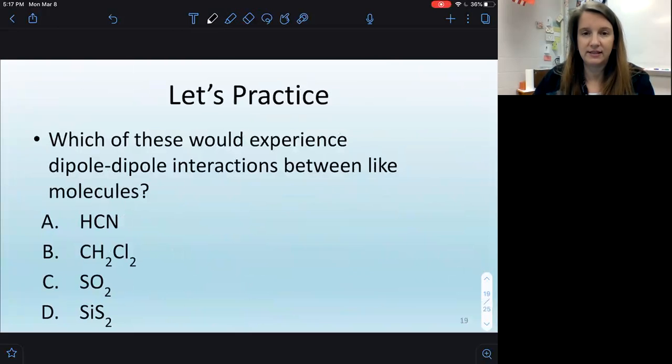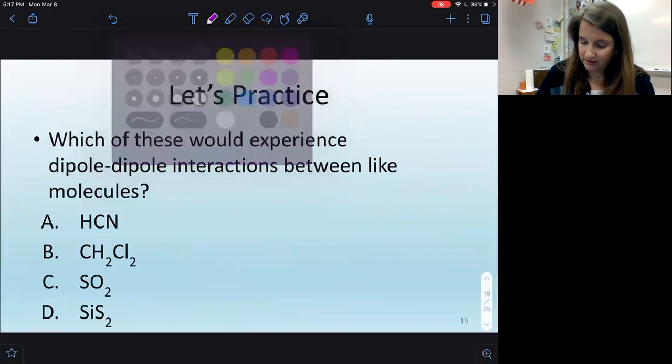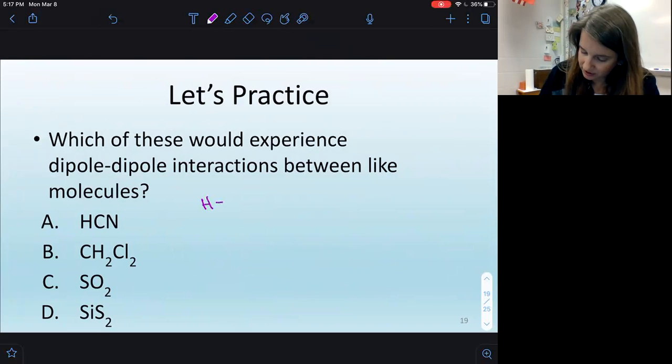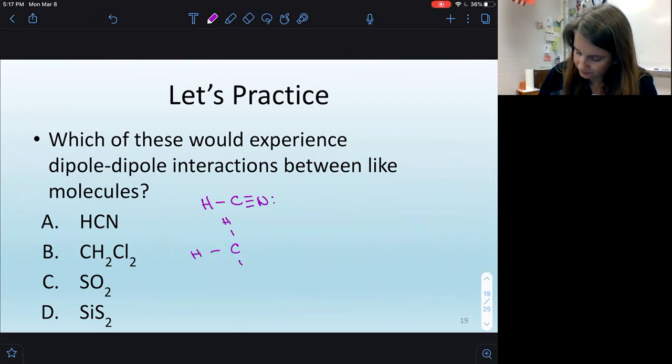Let's take a look at this example. Which of these would experience dipole-dipole interactions? So again, pause if you need to practice drawing. If not, I'm just going to pop these up here really quick. Remember, the hydrogens don't get dots.